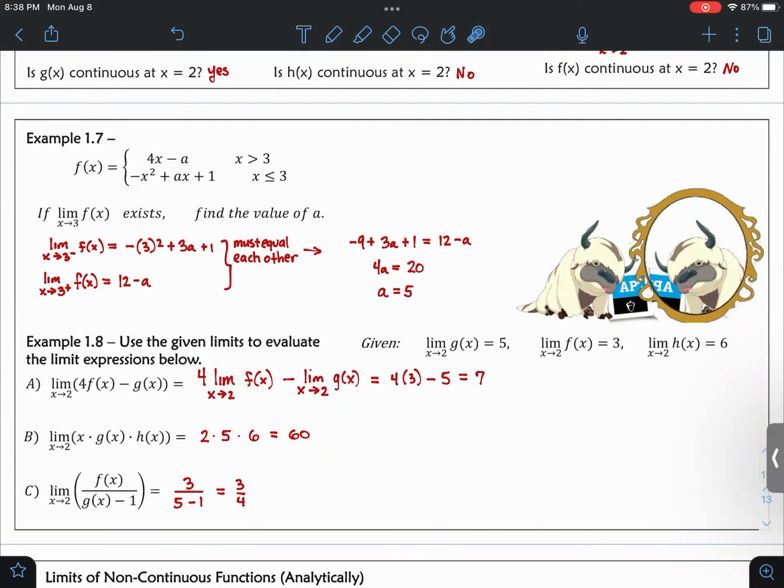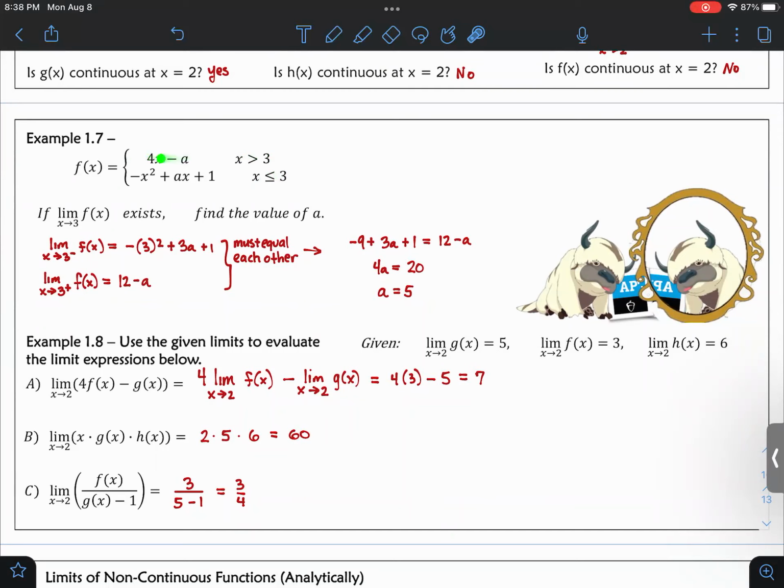Here we have 2 pieces. There's an unknown value a in there. We're supposed to figure out what it is, and we're supposed to assume that the limit will exist. Okay. Strategy here is, based on what we saw on the previous page, if the limit is going to exist, we would need these 2 pieces to end up equaling the same value precisely when you plug a 3 into either one, right?